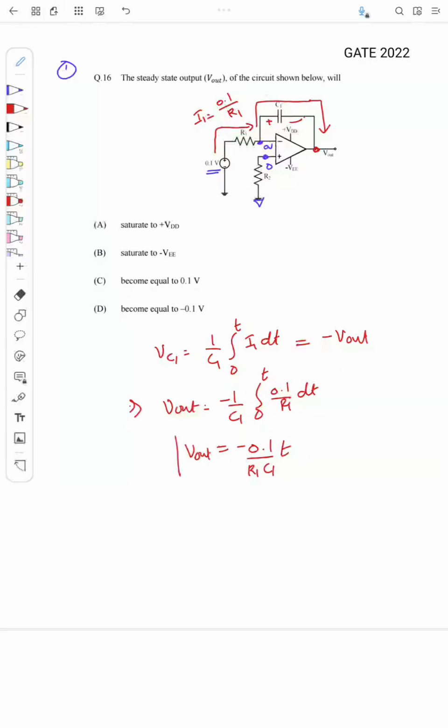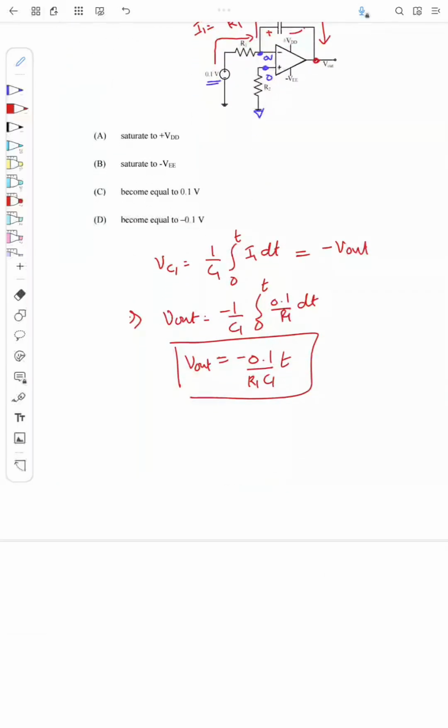So Vout is actually minus 0.1 T by R1C. If I draw the output, initially Vout is 0, and this will be integrated like this, right? And as T increases, the Vout will also increase in the negative polarity, okay?